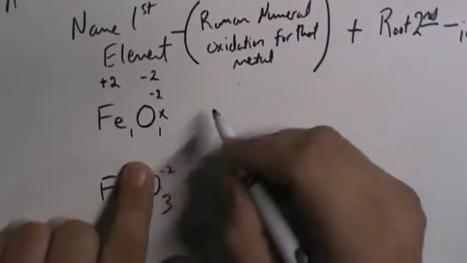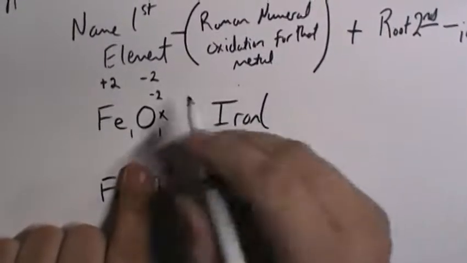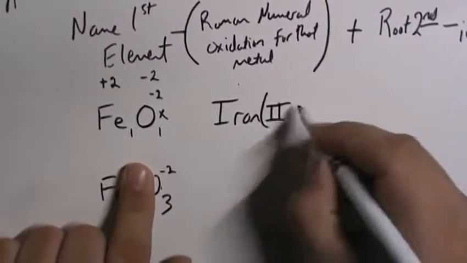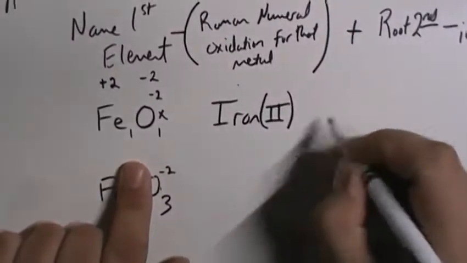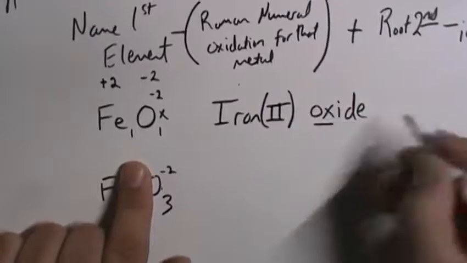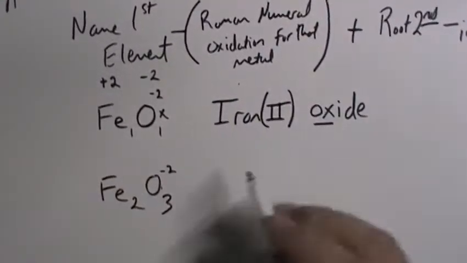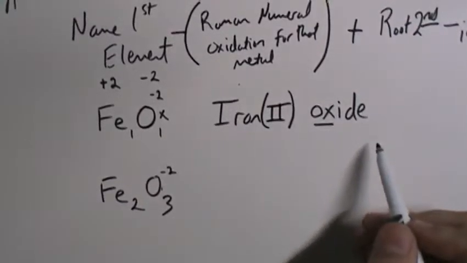And so we're going to write it as iron, parentheses, Roman numeral 2, close parentheses, space, and oxide, the root of oxygen and the suffix IDE. And we read this as iron 2 oxide.